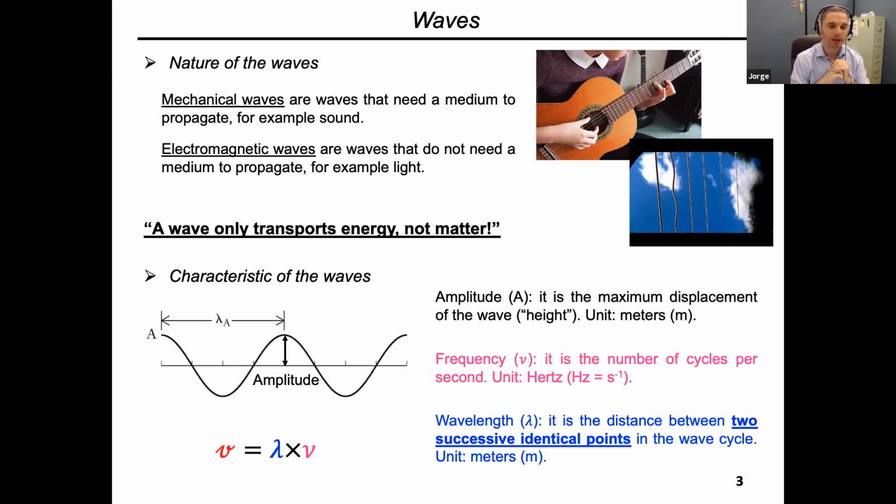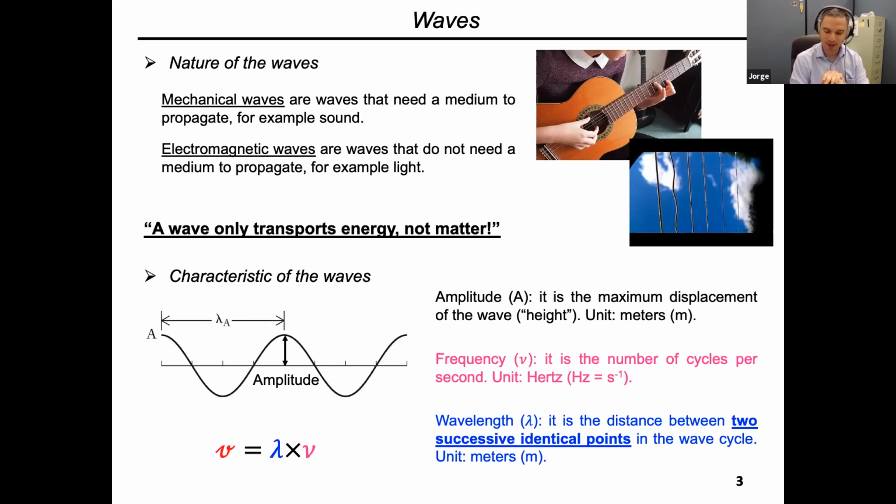The second kind of wave is classified as electromagnetic. Electromagnetic waves are waves that do not need a medium to propagate. Okay, so they can propagate in the vacuum, in the absence of matter. For example, light.